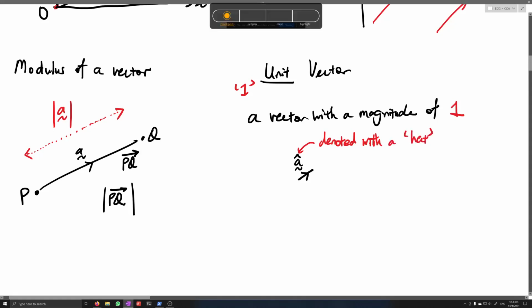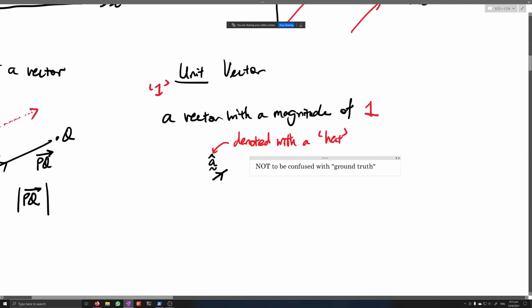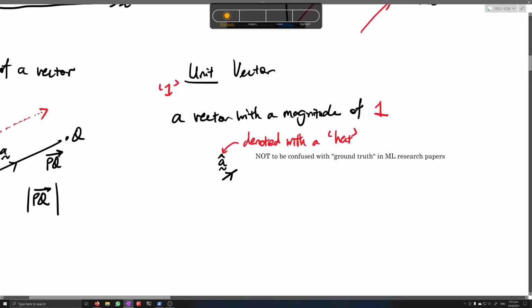This is not to be confused with typical notations of hat in machine learning, which are used to signify ground truth. Okay, I can just type that. So this is just in the pure mathematical sense.